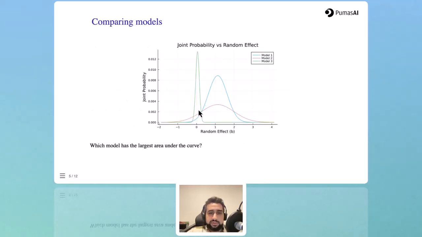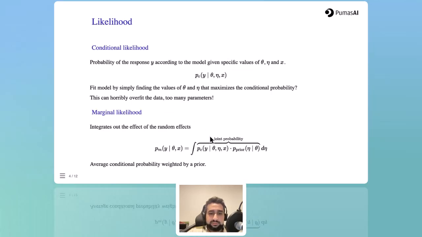And so the integral, for example, at random effect equals 1 is the area under the curve. For the blue curve, for example, it is the area under the curve from all the way from minus infinity, or minus 2 in this case because it's pretty much 0 beyond that, all the way up to 1. So that area under the curve is precisely what this marginal likelihood is. And so to visualize the marginal likelihood, it's useful to actually plot these joint probability curves.